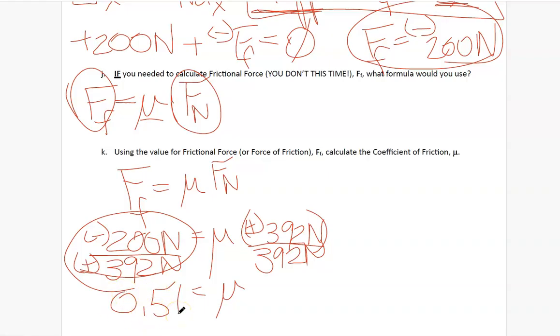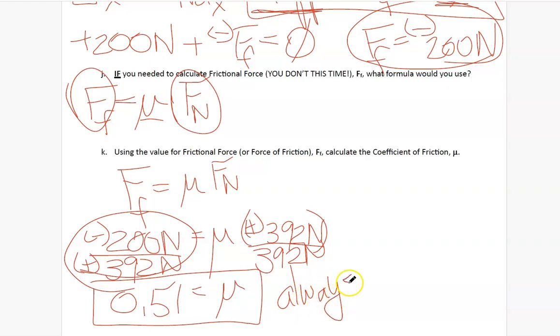And you might say, well, wait, I've got a negative divided by positive. No, we don't assign those until you're done, because mu is always a positive value. It's always a positive value, and it's always a unitless value. Why is it unitless?